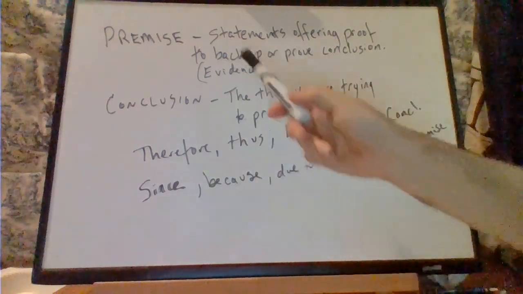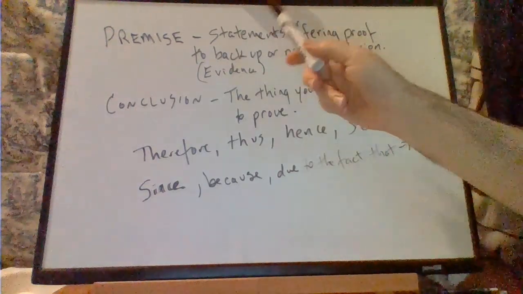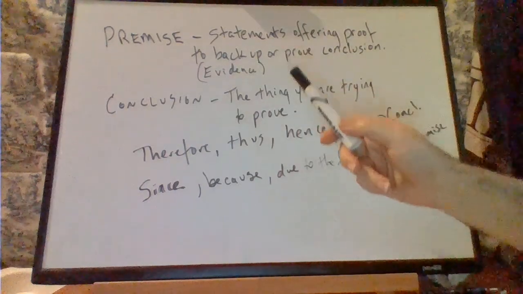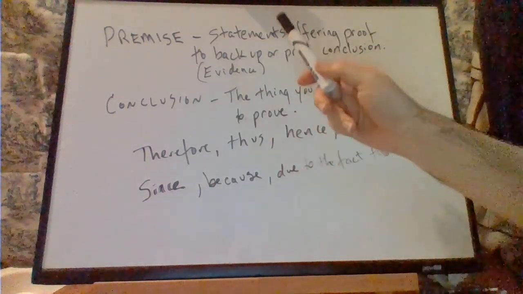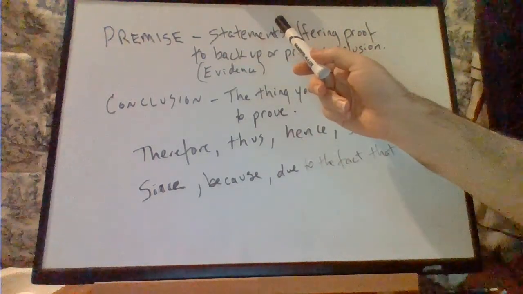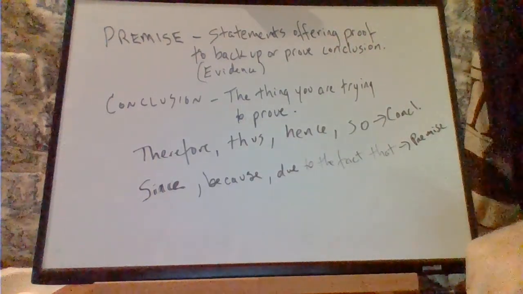Or we start by giving the conclusion first, and then going on to give the reasons why we should accept that conclusion. Now, if your conclusion is first, then it doesn't make sense to start off by saying therefore when you haven't said anything before it, right?